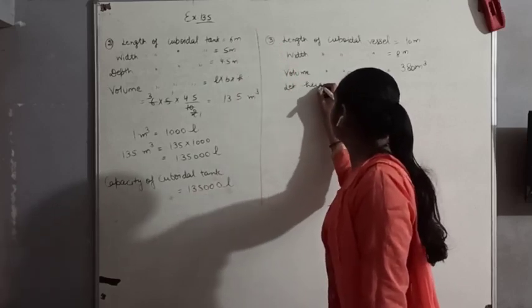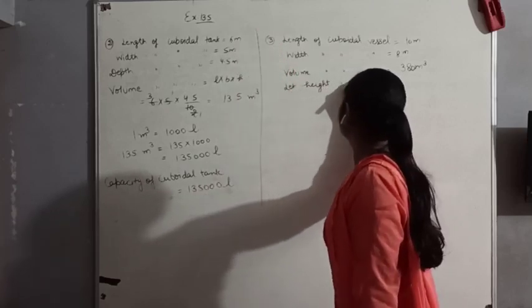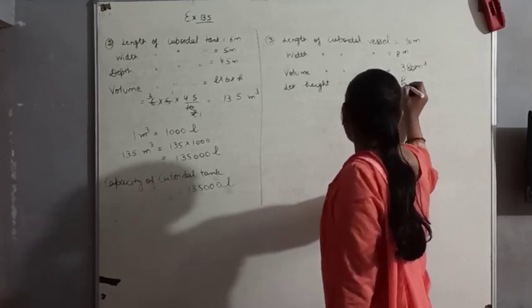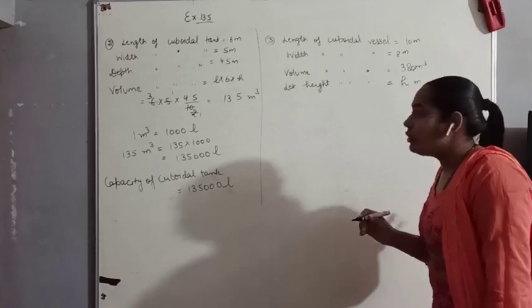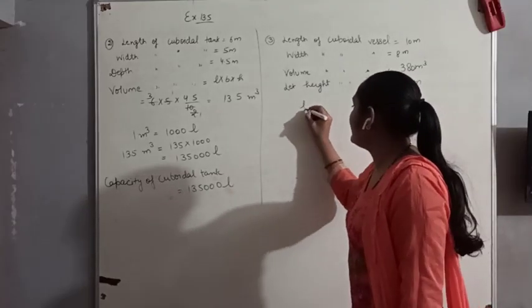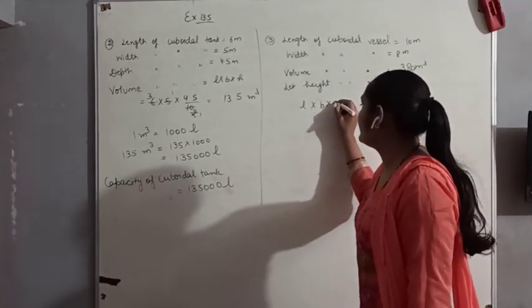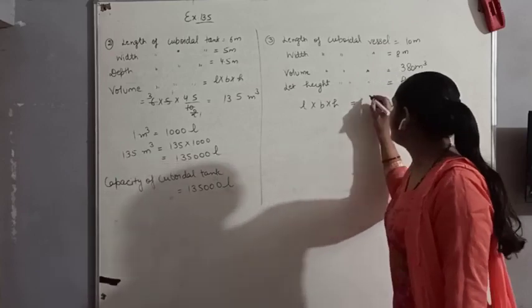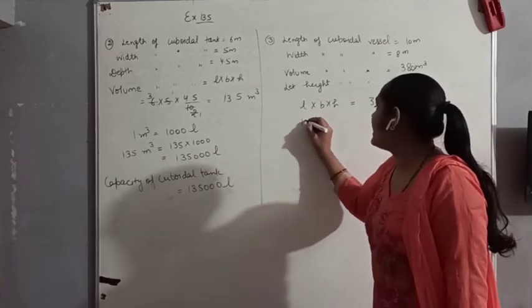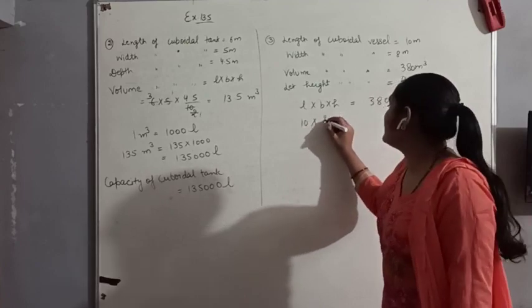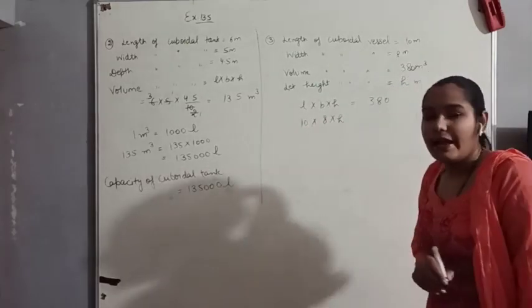Height of cuboidal vessel is small h meter, and we know that volume of cuboidal vessel is length into breadth into height. That is equal to volume, that is 380 cubic meter. Now length is 10 meter and breadth is 8 meter, and we have to find out h.